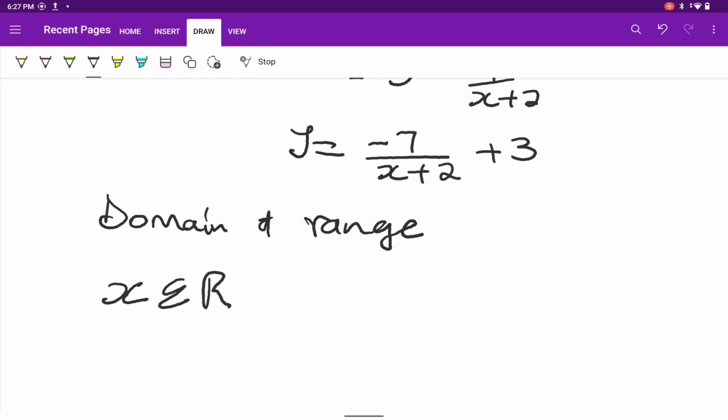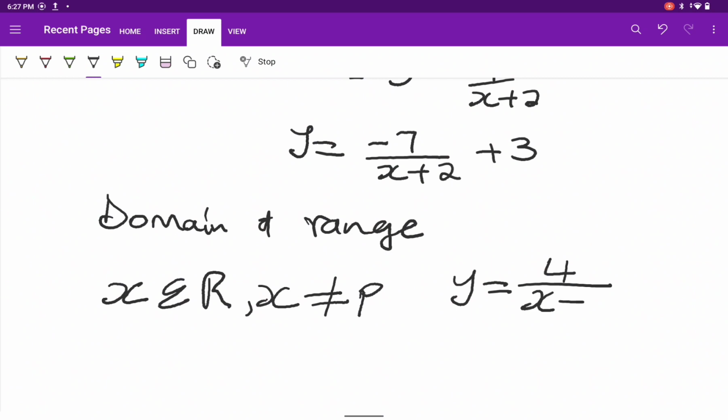As long as it's a real number, it's covered, but there's only one particular x value that is not covered, and the x value is at p, meaning it's at the asymptote.